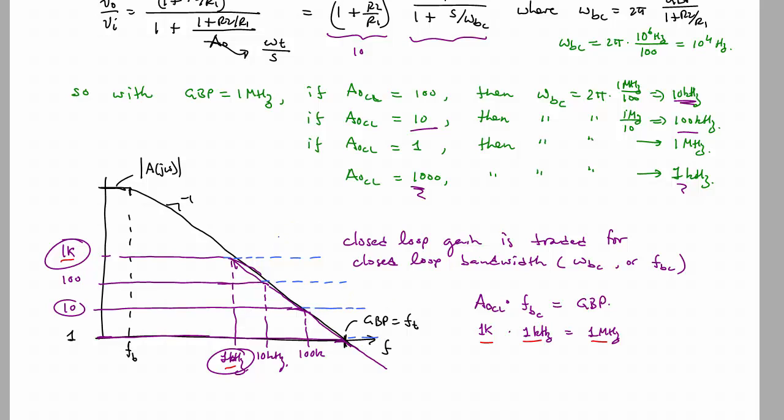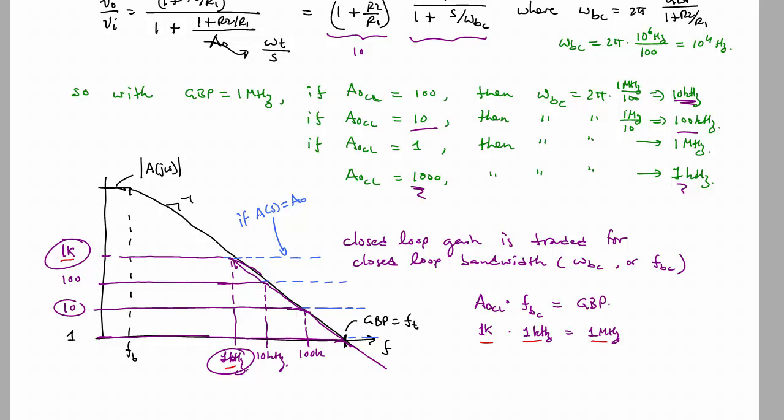This would be if A of S was just equal to A naught. But because A of S is A naught divided by 1 plus S over omega B, there's a pole, therefore at higher frequencies the closed loop gain is going to roll off.